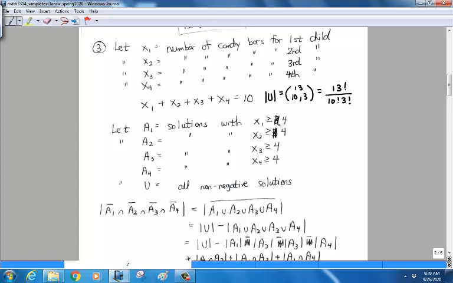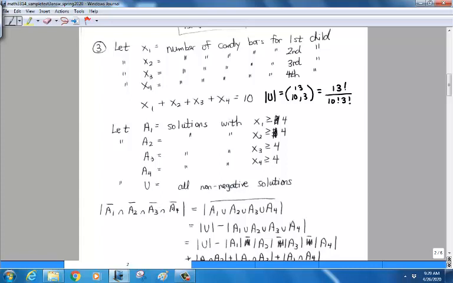The complement of A2 is solutions where x2 is less than or equal to 3, and likewise for A3 and A4. If you take the intersection of these four complements, that's exactly the set we're trying to count.